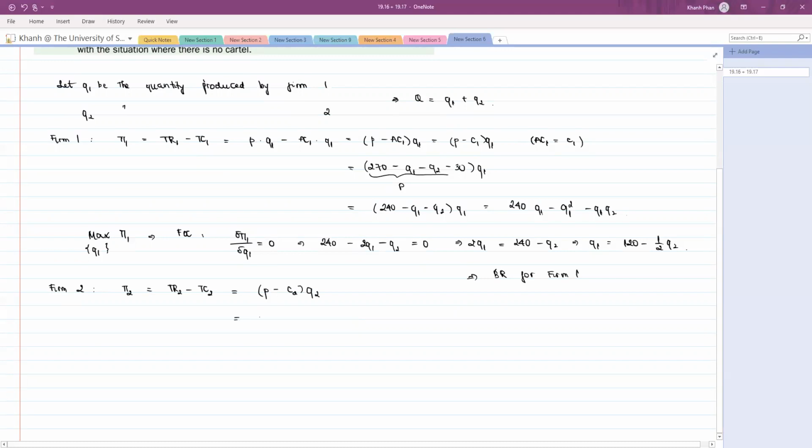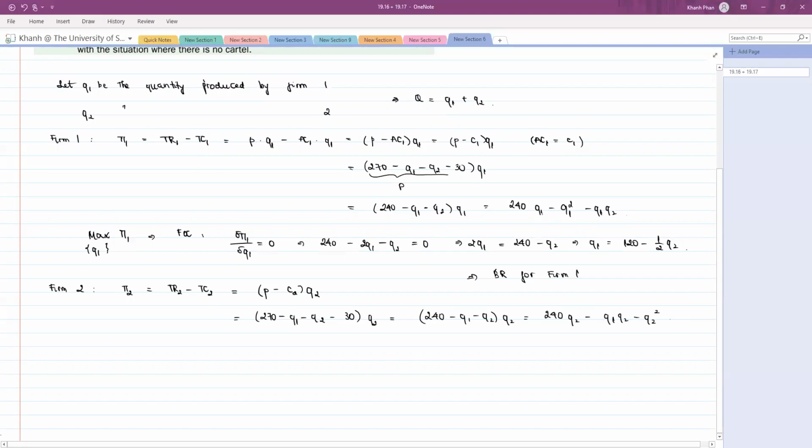And again, the price is given by the demand function, 270 minus Q1 minus Q2. And the marginal cost of firm 2 is again $30. So that will give me 240 minus Q1 minus Q2, times Q2.